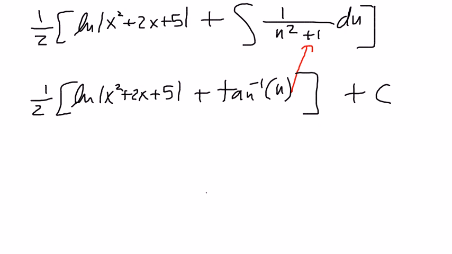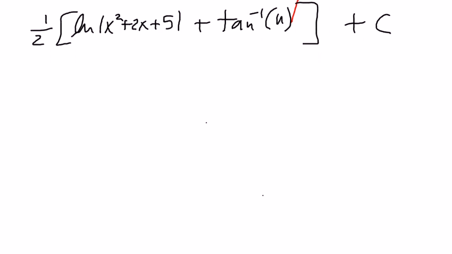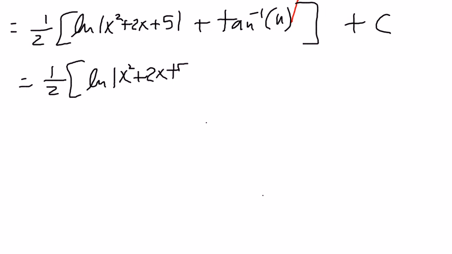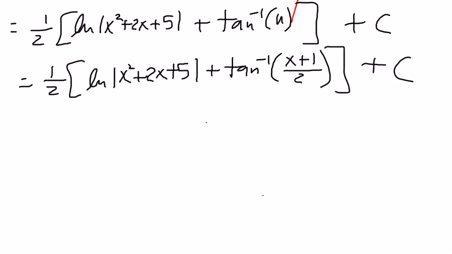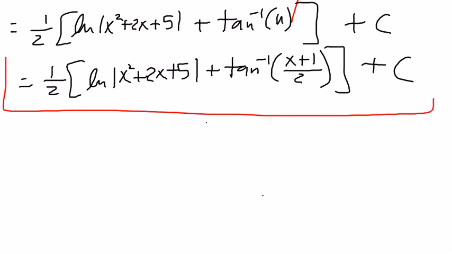Now we just have to plug in what u was. And so we have it. Inverse tangent of, and then our u was x plus 1 over 2. No x squared. And that, folks, is your answer.